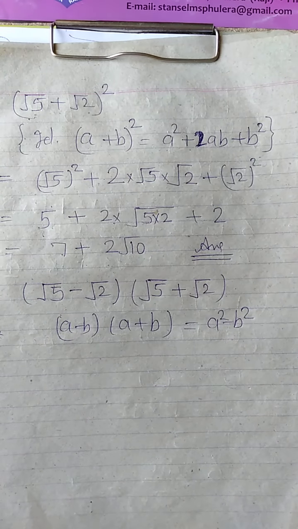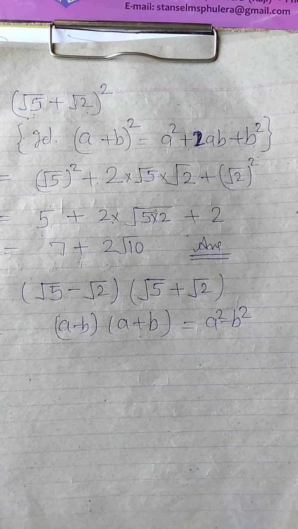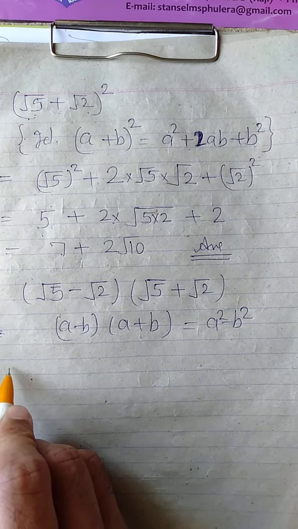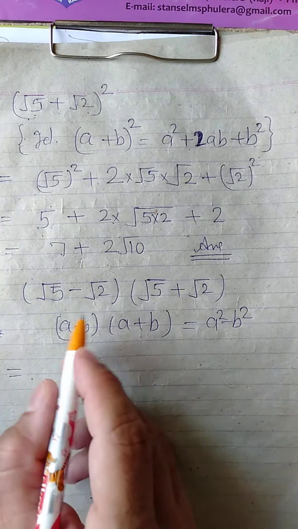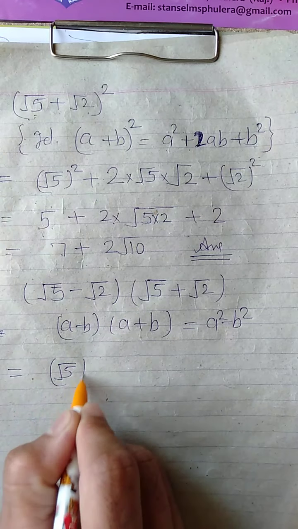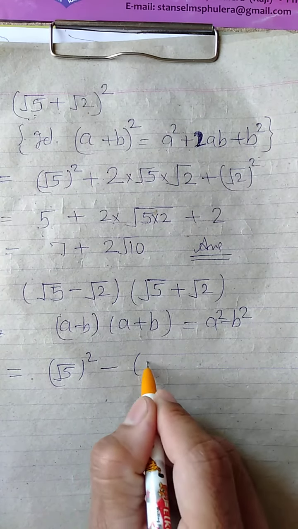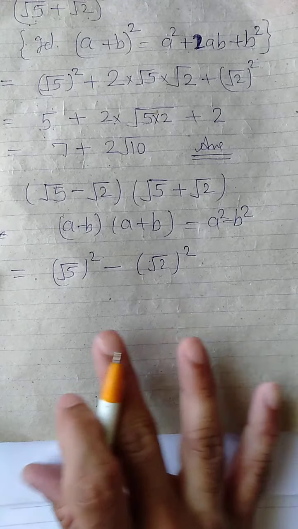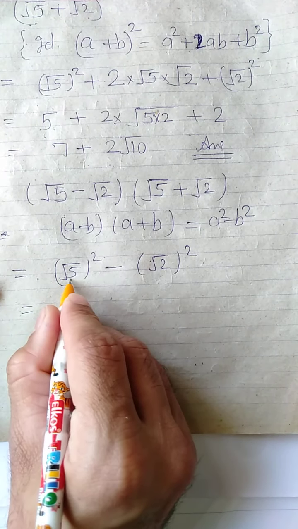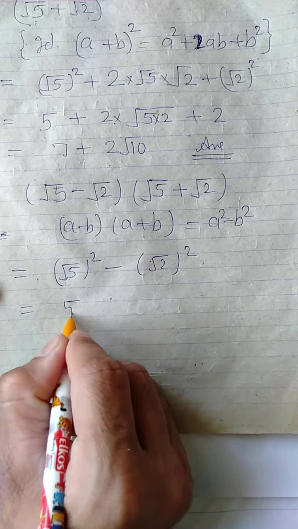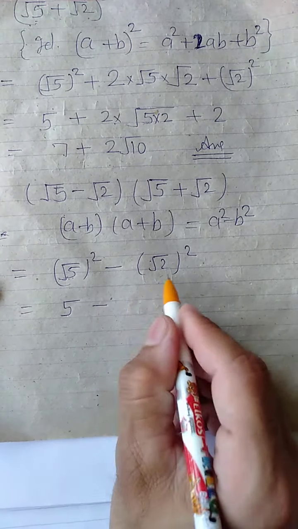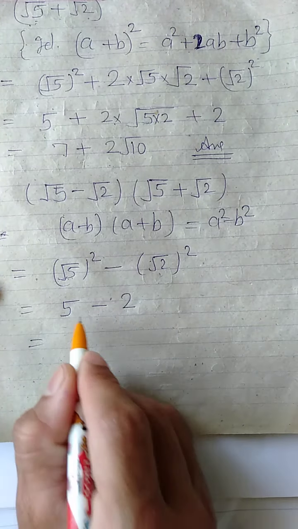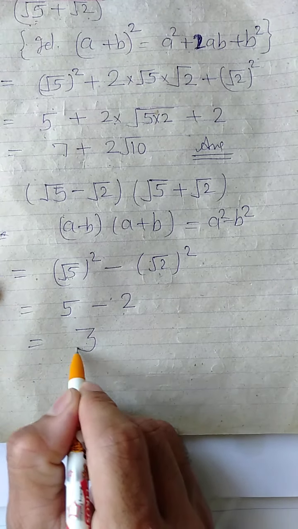So this will be a square minus b square: root 5 square is equal to 5 only, root 5 into root 5, minus root 2 into root 2 is equal to 2 only. 5 minus 2 equals 3.